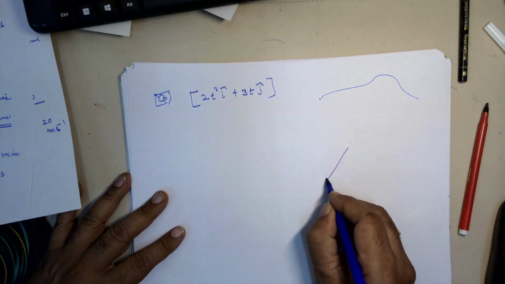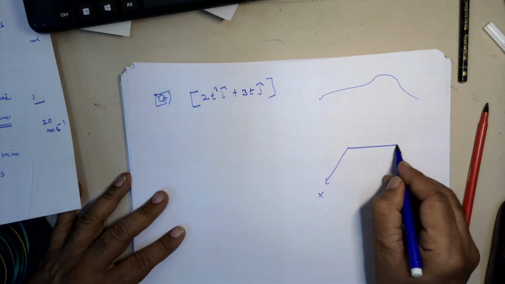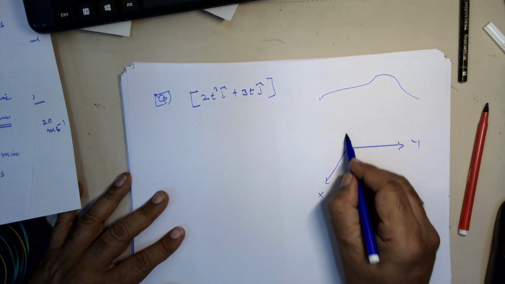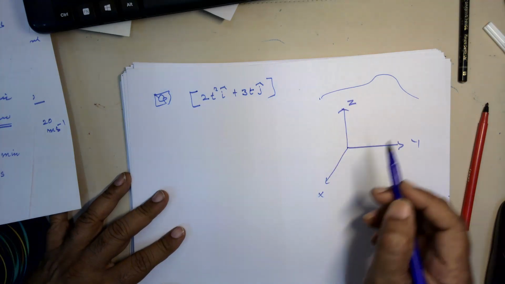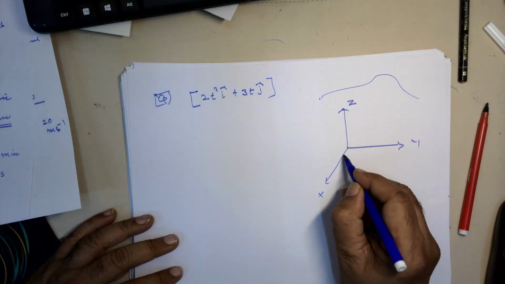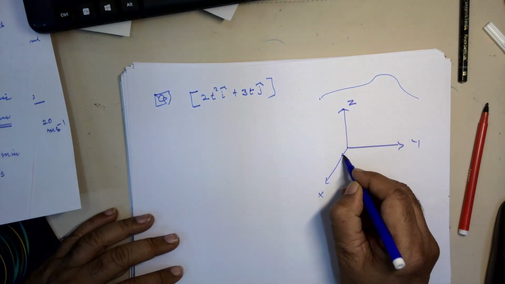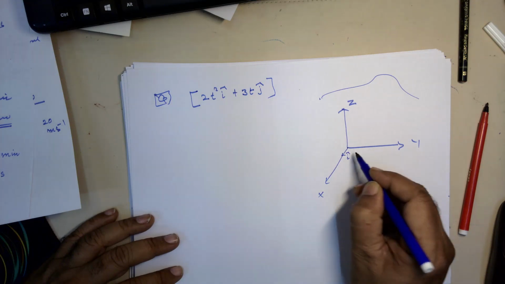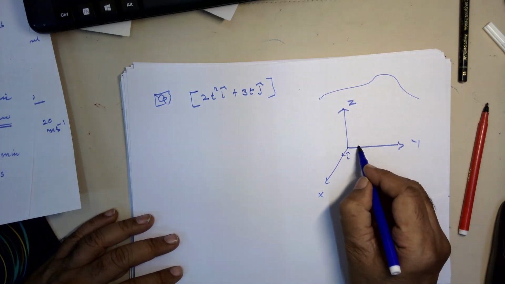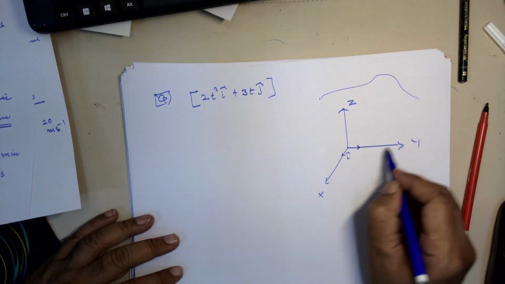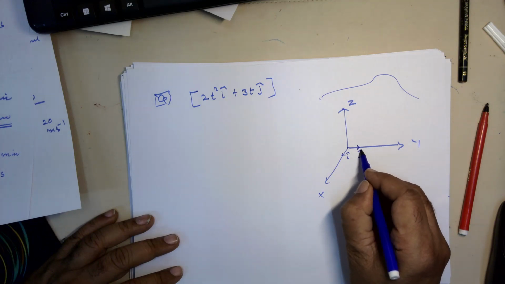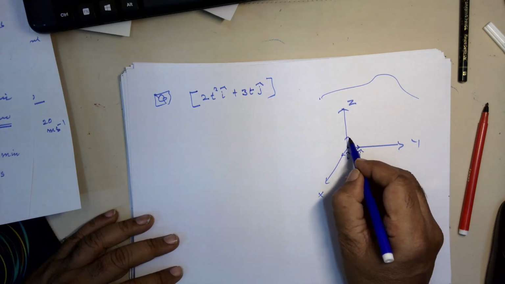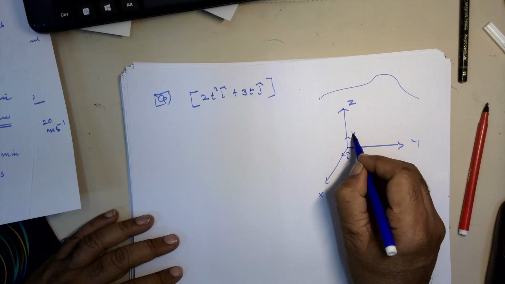Now listen, this is the x-axis, this is the y-axis, this is the z-axis. The unit vector along the x-axis is called i cap. The unit vector along the y-axis is called j cap. The unit vector along the z-axis is called k cap.